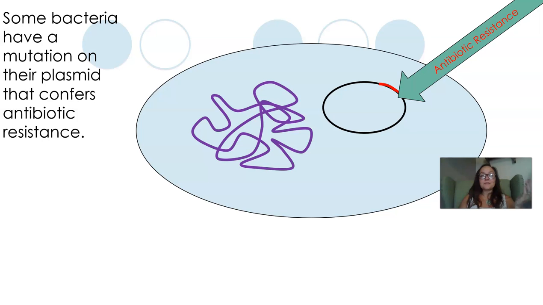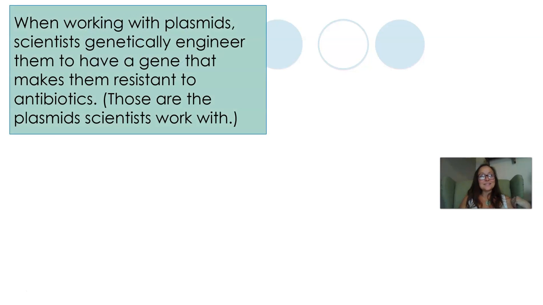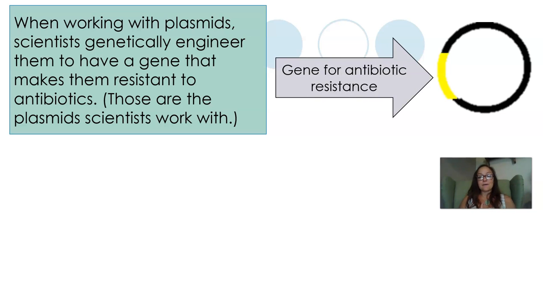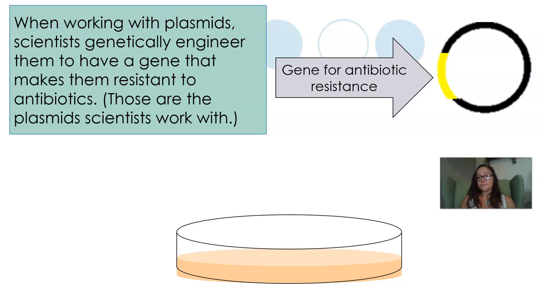Antibiotic resistance means that the bacteria will survive and reproduce even in the presence of antibiotics. Some bacteria have a mutation on their plasmid that gives resistance to antibiotics, so when scientists are working with plasmids, they genetically engineer them to already have that gene of antibiotic resistance to start.